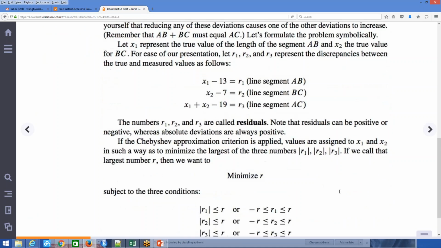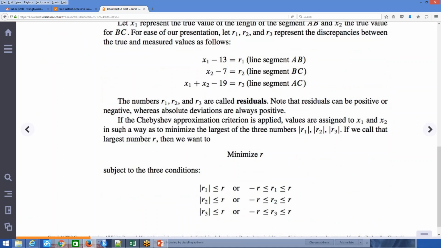And then we really want to minimize the largest of the three, R1, R2, and R3. In other words, we want to use some sort of math model to understand more intelligently what's the measurement error, what's the correct residual R1, R2, and R3. We're trying to minimize the largest of the three numbers, R1 absolute value, R2 absolute value, and R3 absolute value.